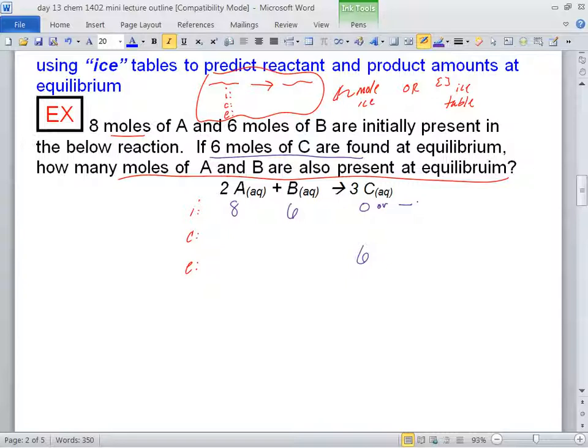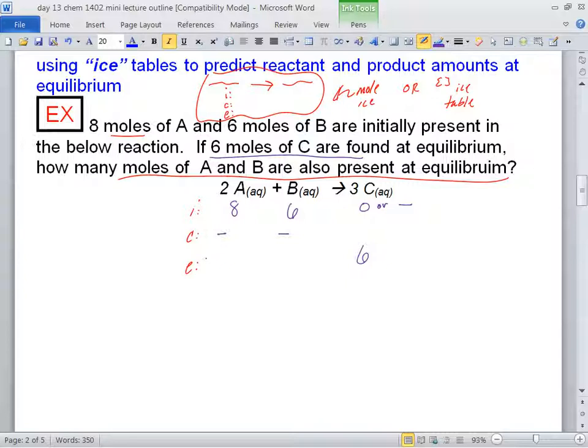First, is it going to be positive or a negative change? Are we going to get more A when you reach equilibrium, or are we going to lose A? We're going to lose A. Yeah, definitely, because look, all we have is reactants. These are definitely going to be negative changes for both of these. But negative what? Well, we got to figure it out.